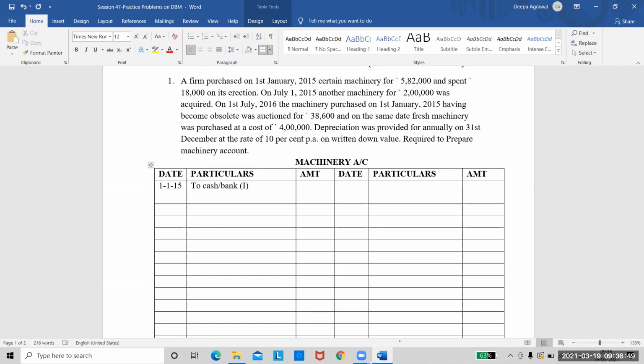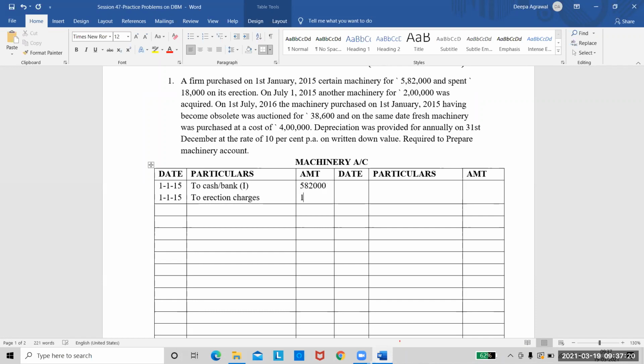Right. And we have purchased one more machinery. Yeah, we have installation charges also for this machinery. So write that in the same column. So again 1/1/2015. We will write it as erection charges. So the amount for purchasing the machinery is 5,82,000.